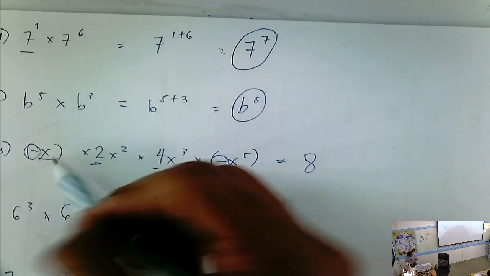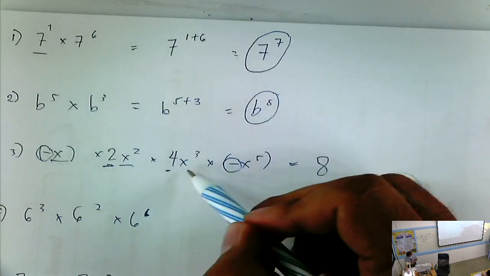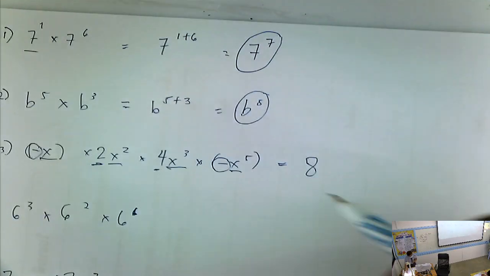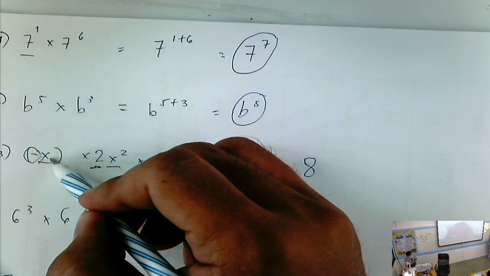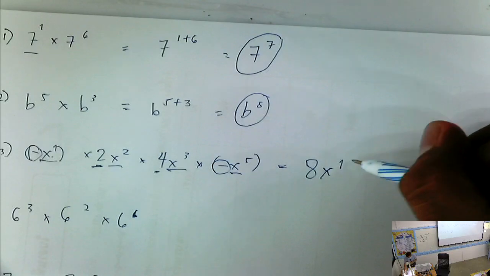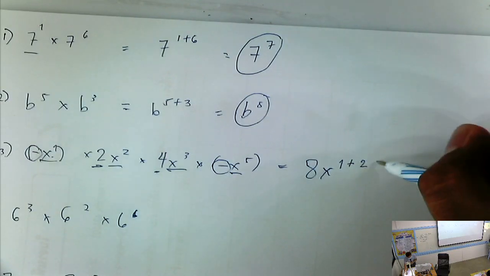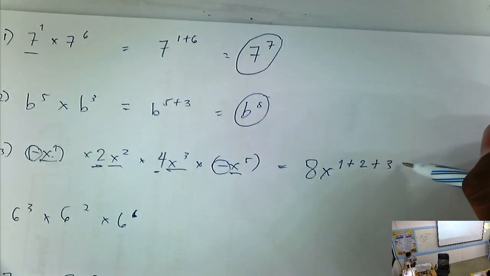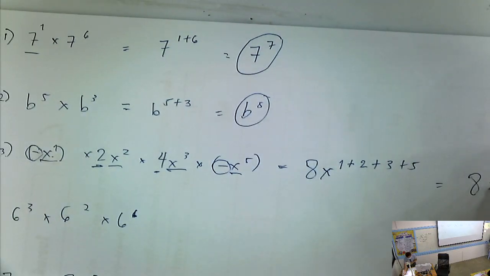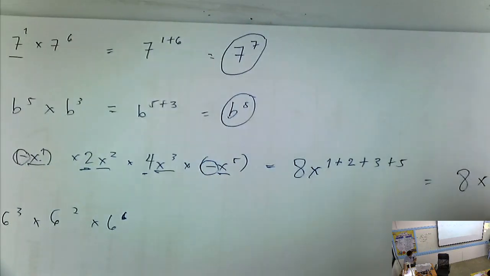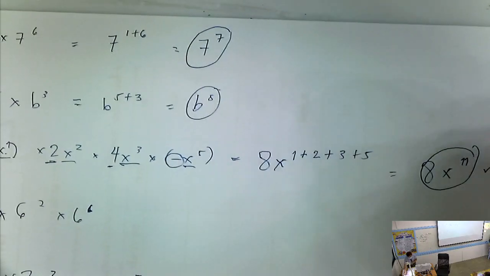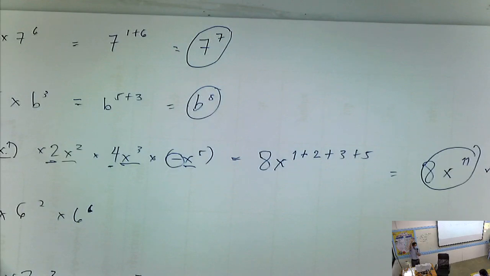Next, we have x times x to the power of 2 times x to the power of 3 times x to the power of 5. What is the exponent of the first x? 1. So we will have x to the power of 1 plus 2 plus 3 plus 5. And that would be 8x to the power of 11.